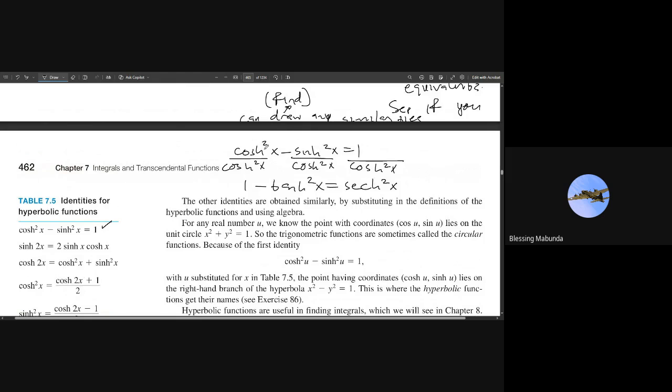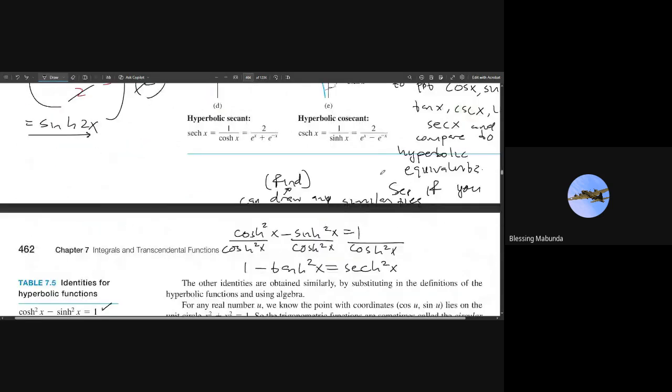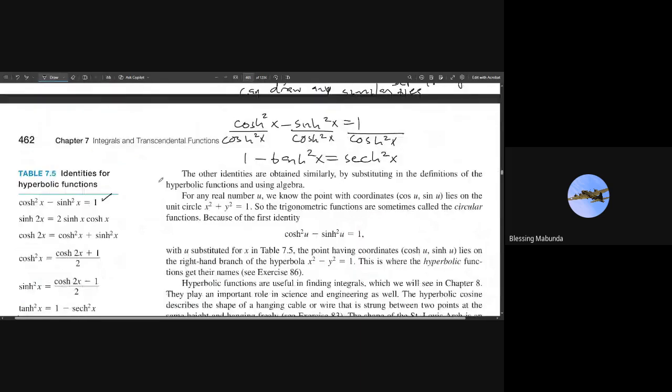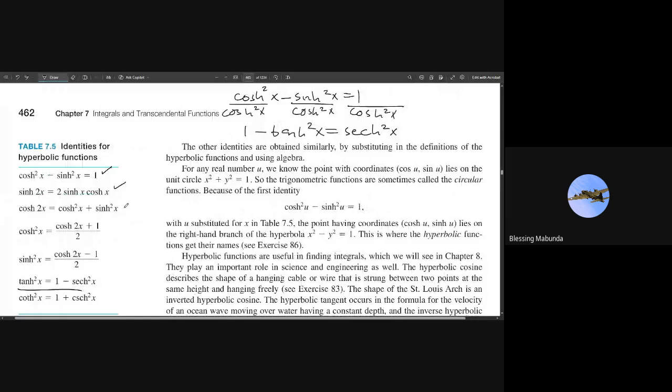And you can also divide by sinh, so if you've got cosh, that will give you coth. If you divide by sinh, that's what you get. With this one, we showed how you can get there, and we've also shown it for this one here.